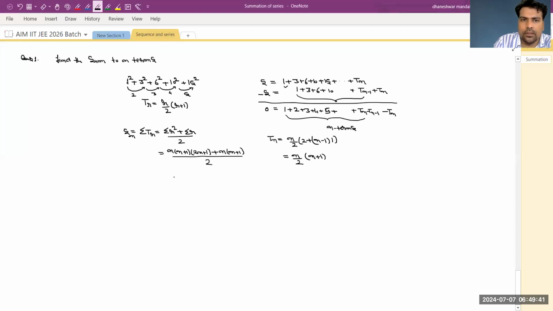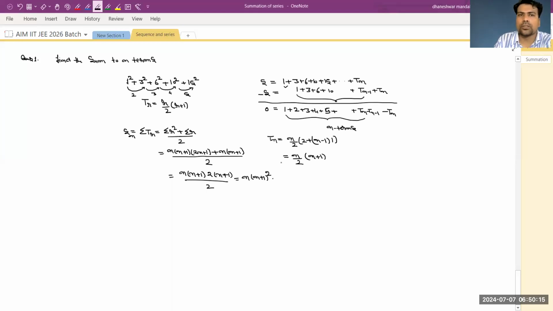See, if I take common n and n plus 1, then here we have 2 times n plus 2. Because 1 plus 1, if I take 2 common, then this term becomes n plus 1. n plus 1 is here divided by 2. It means from here n plus 1 whole square.